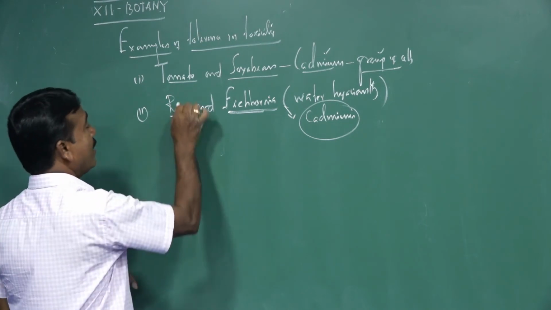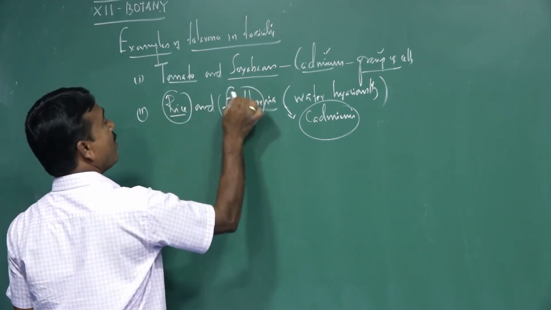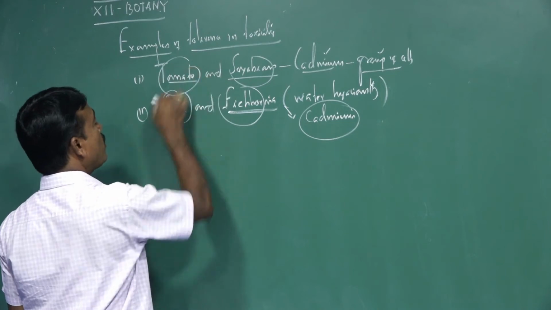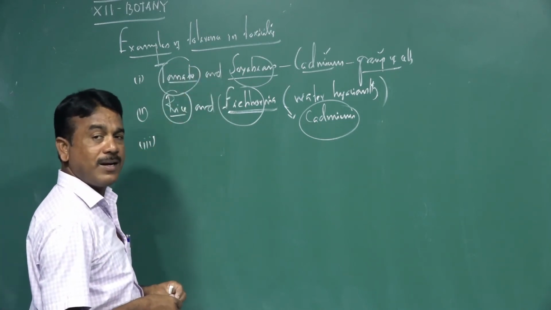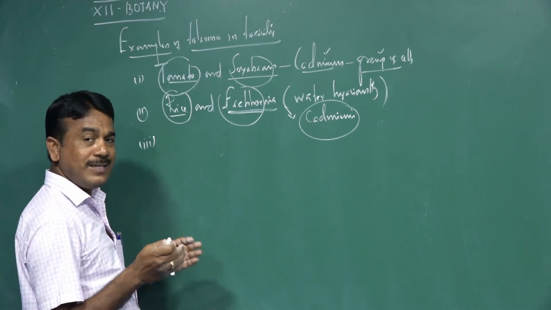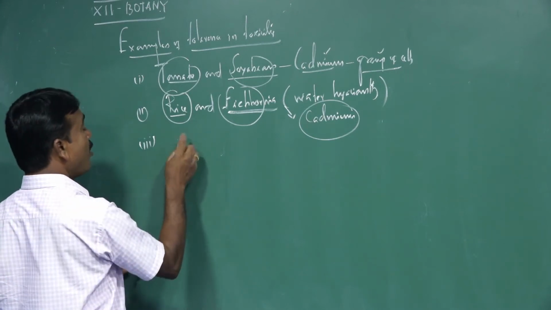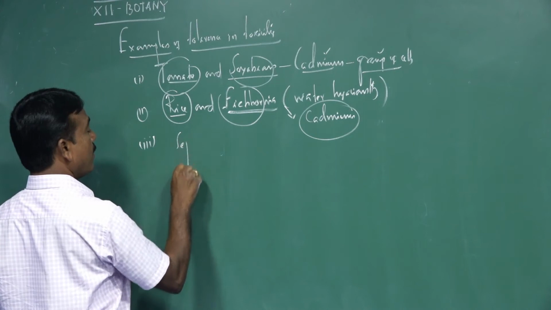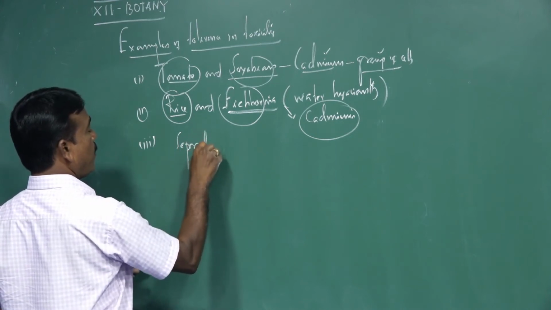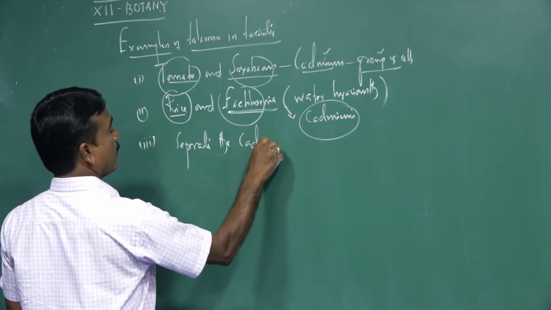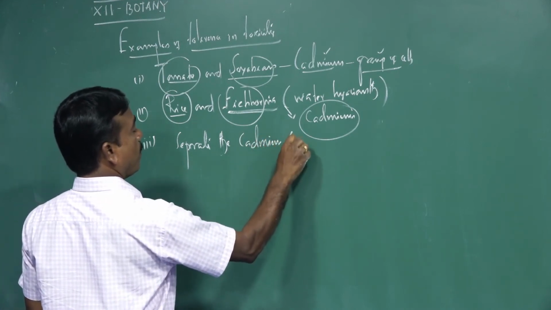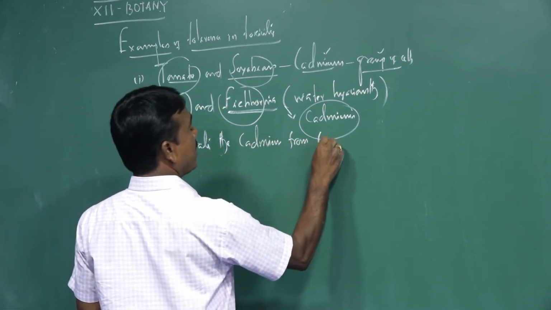Here, rice, Eichhornia, soybean and tomato have one important role: they dissolve or separate the cadmium from contaminated soils.